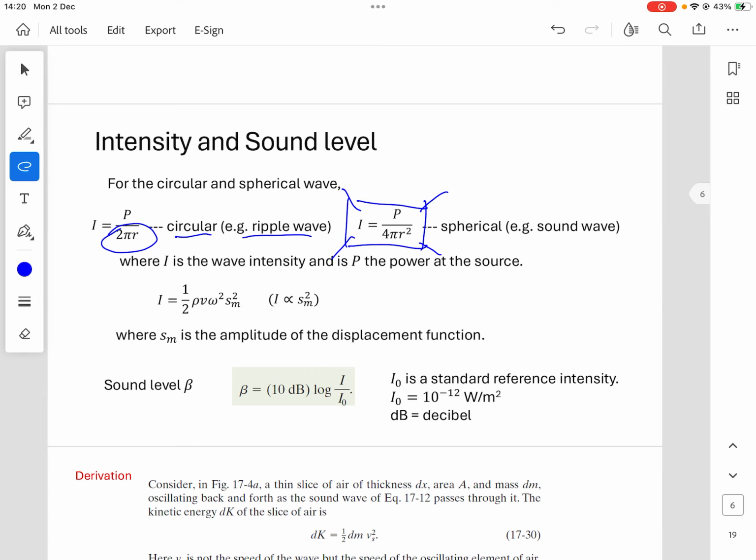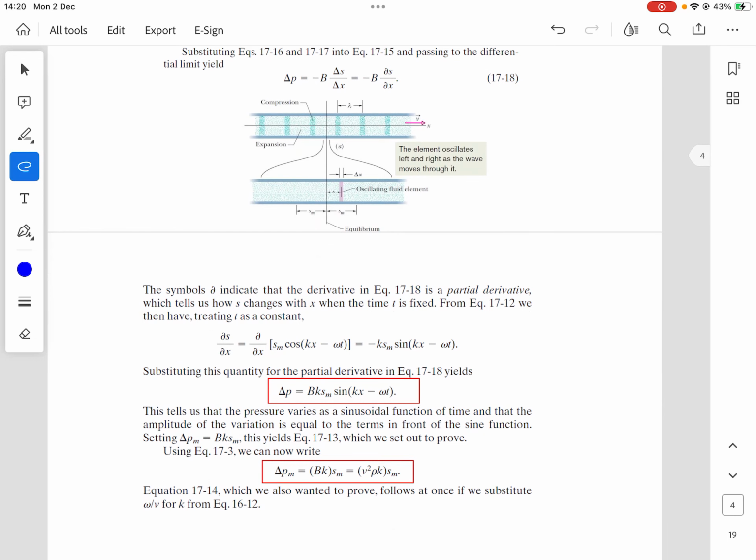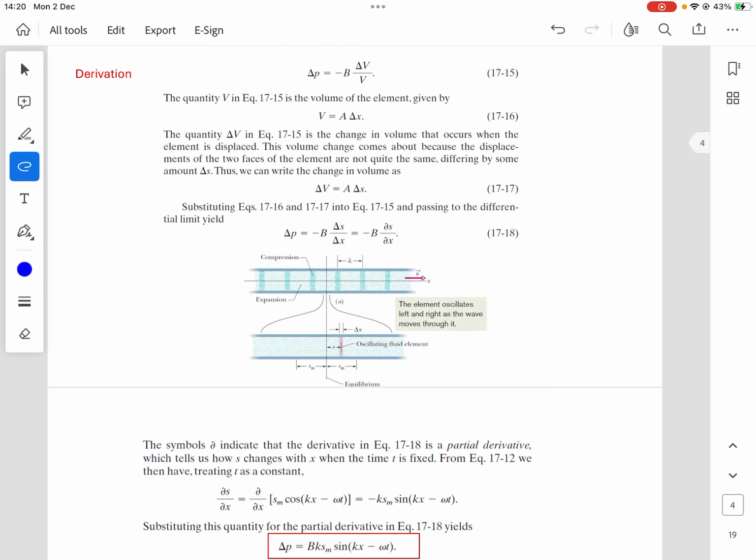Next, I would like you to know, just to inform you, that this intensity is dependent on the amplitude of the sound wave squared. What is the amplitude of the sound wave? You can find this amplitude from the displacement function.